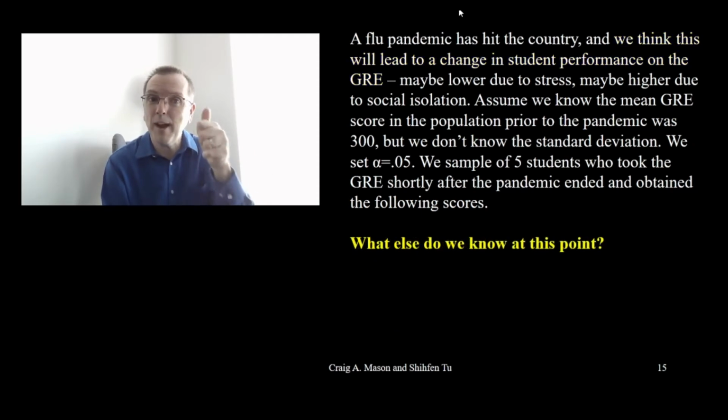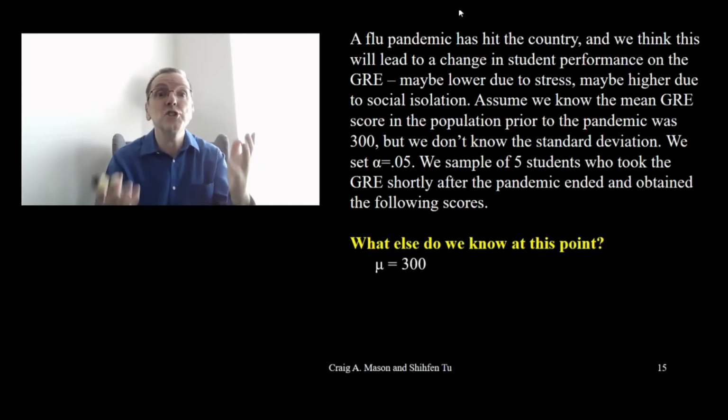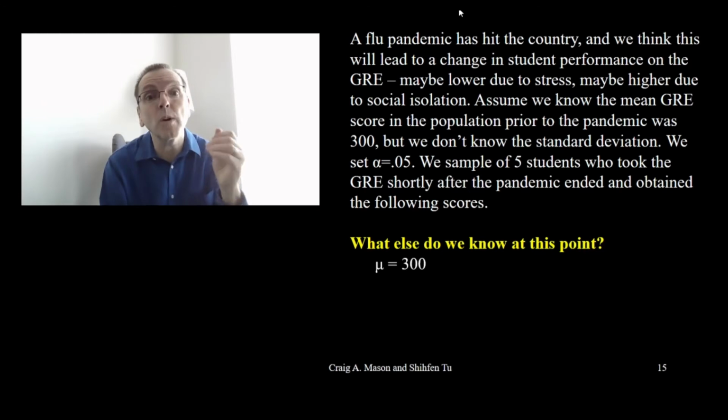All right, great. But notice there's even more that we know at this point. We know the population average, mu, is equal to 300. That's, again, also our mu0 because we're testing whether things have changed from that historical population average.